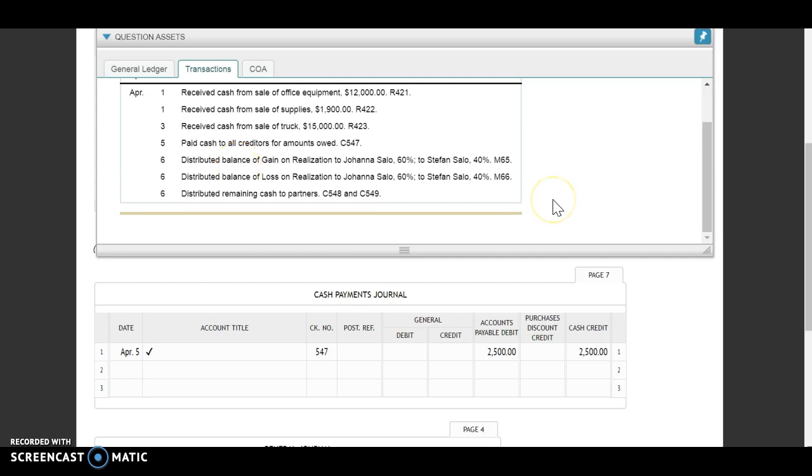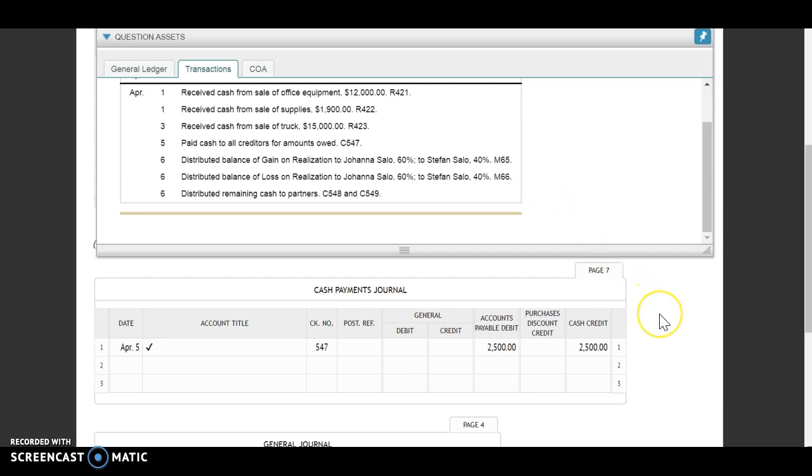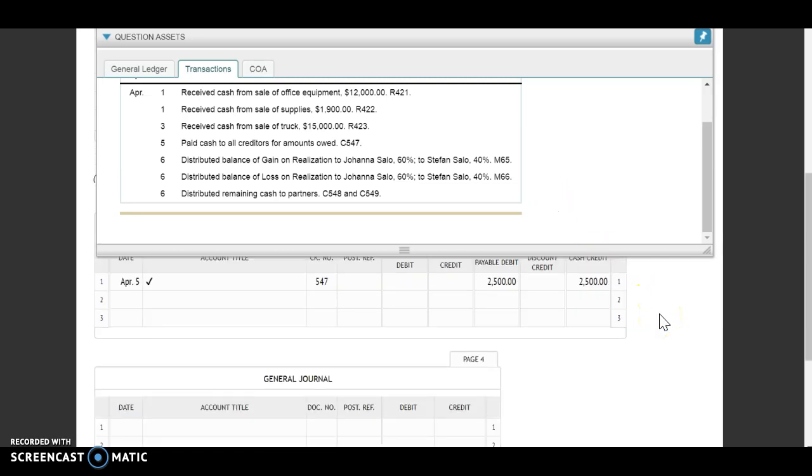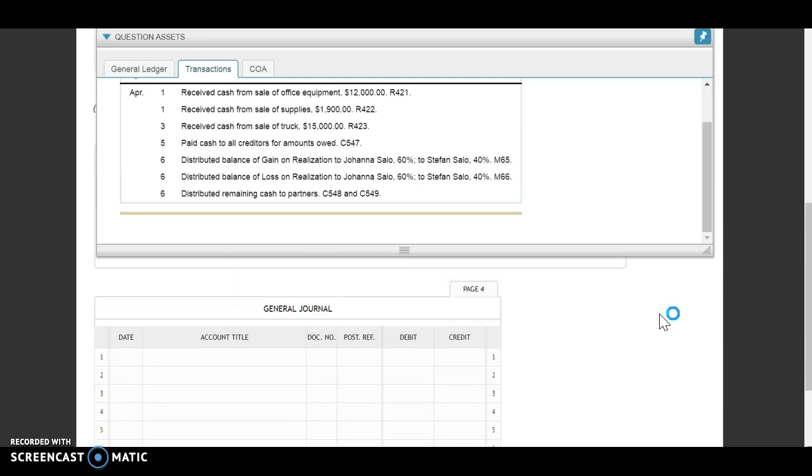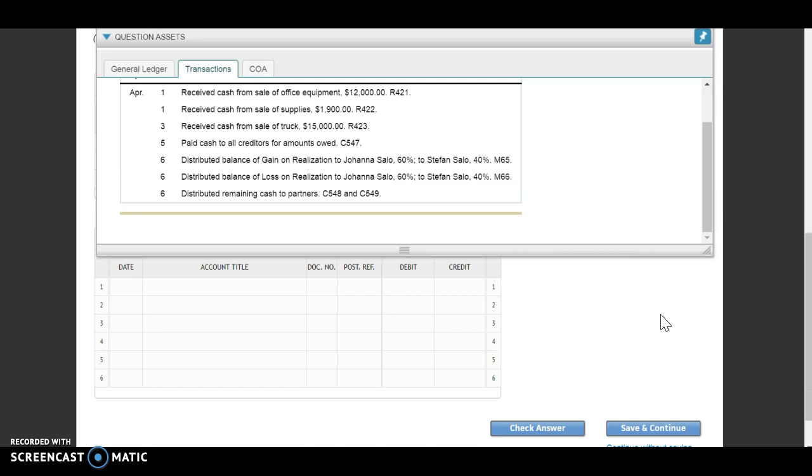On the 6th, we distributed balance of gain on realization to Joanna Sallow 60% and to Stefan Sallow 40%, memorandum 65. So now we're going to go down to our general journal.